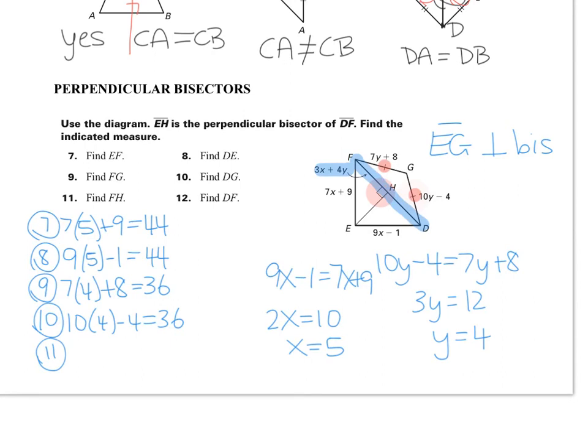So when I go over here and do 3x plus 4y and get 15 plus 31, FH is going to be half of that, which is going to be 15.5.